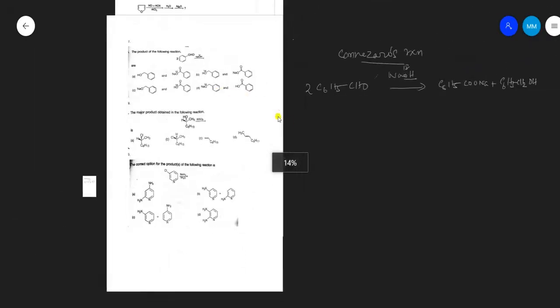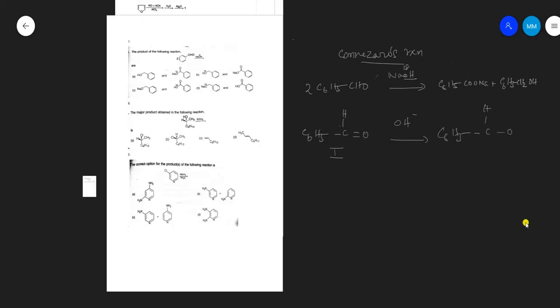To solve this problem, you have to be familiar with the Cannizzaro reaction mechanism. The Cannizzaro reaction involves hydroxylation, that is C6H5CH double bond O. The base OH minus undergoes an addition reaction with one benzaldehyde molecule. Let us take this as the first benzaldehyde molecule, C6H5CH.